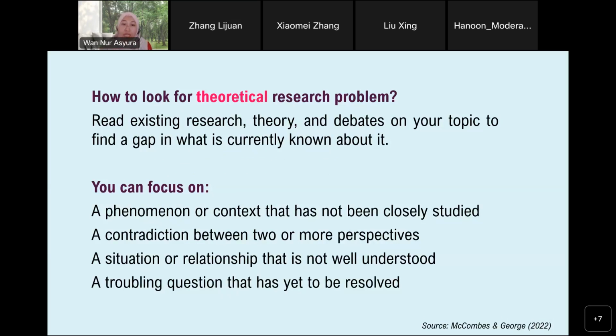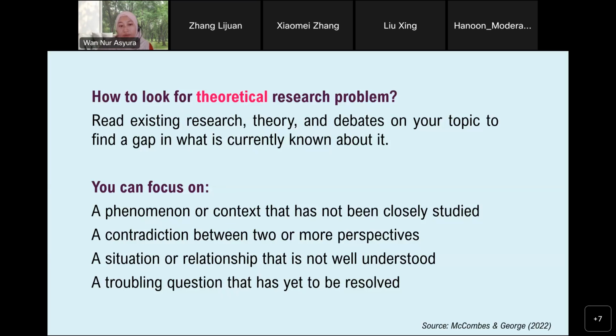I am also doing research on health communication and discourse study, discourse analysis to be specific. So, for example, I read about behavior change communication theory. And then I realized, how can I relate this theory to COVID-19 vaccination uptake in Malaysia?